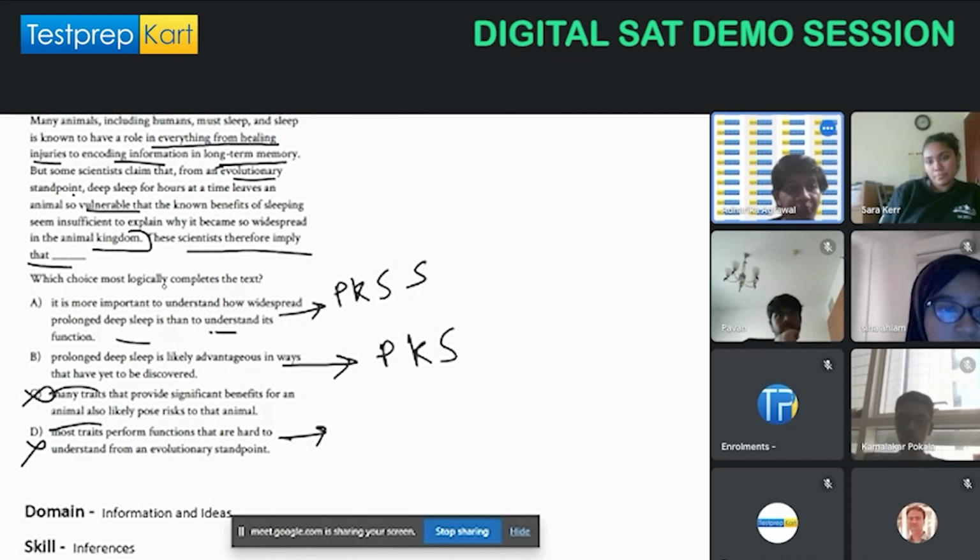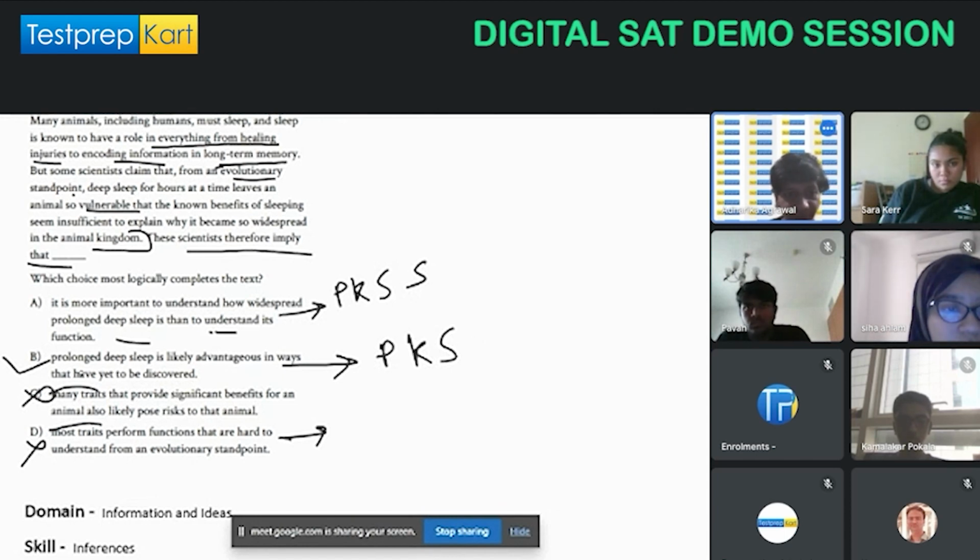But if we go towards option B, here they're saying that scientists recognize sleep is widespread among animal species and has several benefits. But some scientists believe that deep sleep is so risky from the perspective of survival and well-being that there must be some undiscovered advantages to make it worthwhile from an evolutionary standpoint.